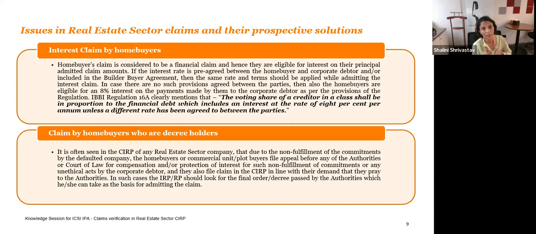And that is what we are also trying to bring out, that yes, the decree has to be taken into account, but on what grounds it has been given, for what grievance, and is the amount given in the decree or the award linked to the time value of money or financial assistance provided by the home buyers for construction of the project, or is it some other grievance being addressed through that award?